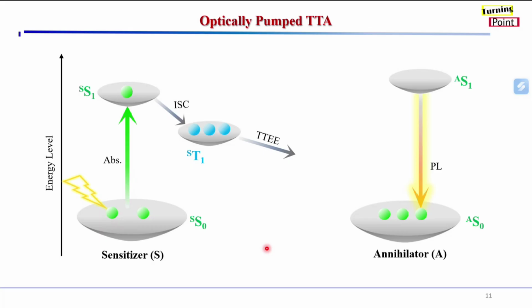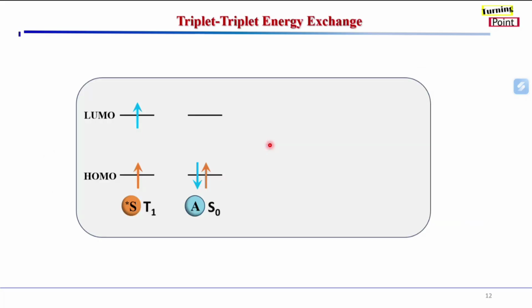Now, two processes are involved. First one is the triplet energy exchange process. In the triplet energy exchange process, at first the higher energy electron of the sensitizer transfers into the LUMO of the annihilator molecule. At the same time, the HOMO electron transfers into the sensitizer HOMO.